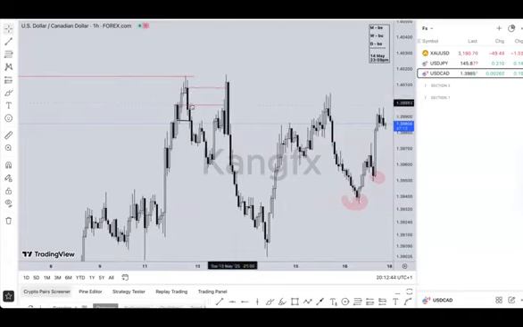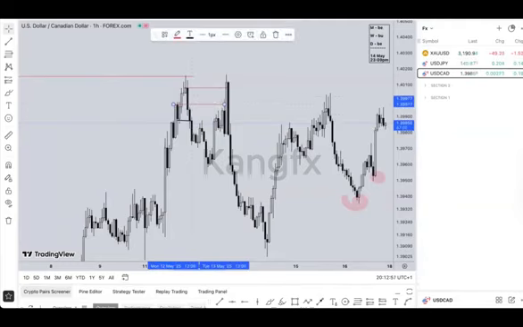But why do I include the QM? Because sometimes 20% or 30% of the time, the market might decide to use the QM. So I don't want to miss out when the market is using the QM. That's why I added the QM.